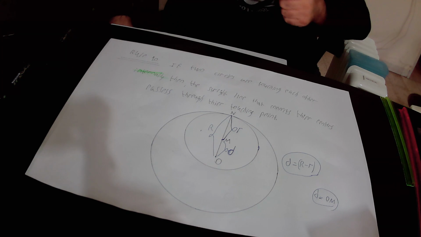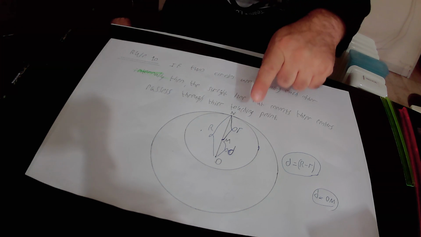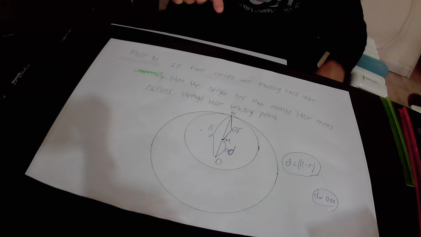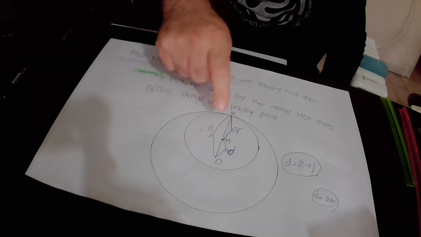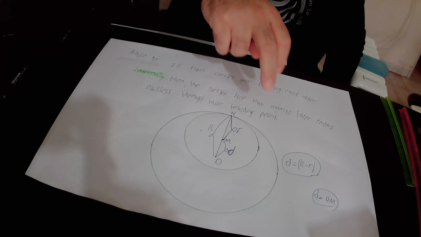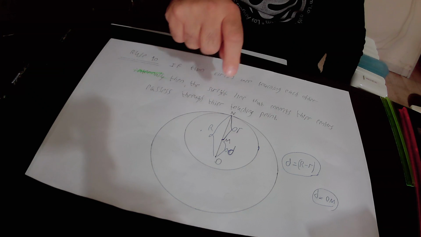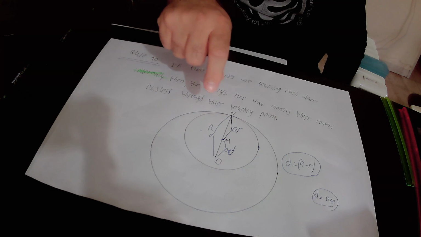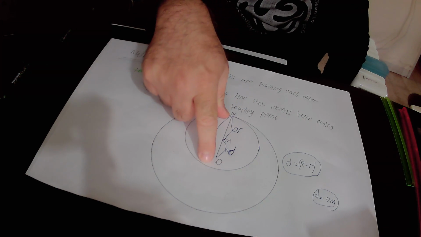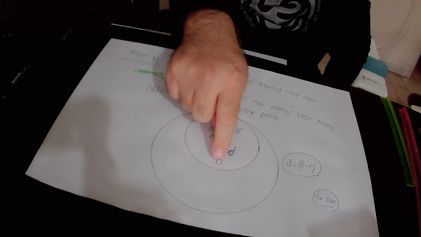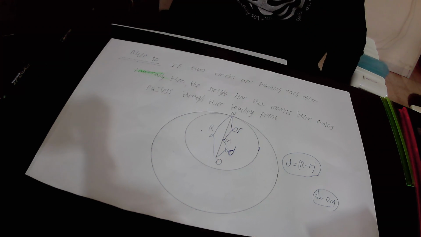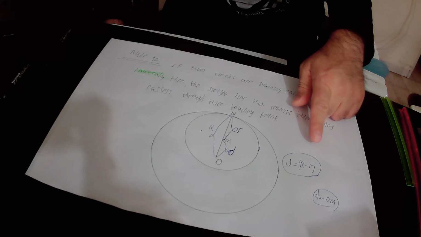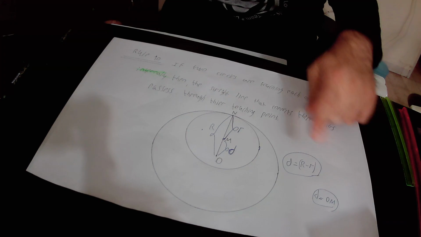From the drawing, it is very easy to see that the distance between their centers, that is OM or MO, is equal to capital R minus small r. Capital R is the radius of the big circle, small r is the radius of the small circle, and the distance between their centers, or D, is equal to capital R minus small r. So D equals capital R minus small r, or OM equals D equals capital R minus small r.